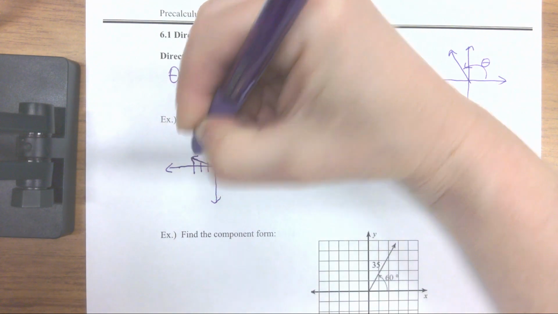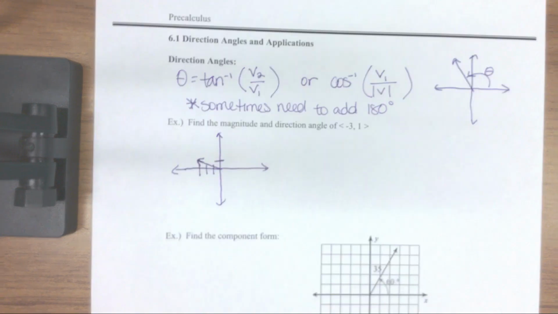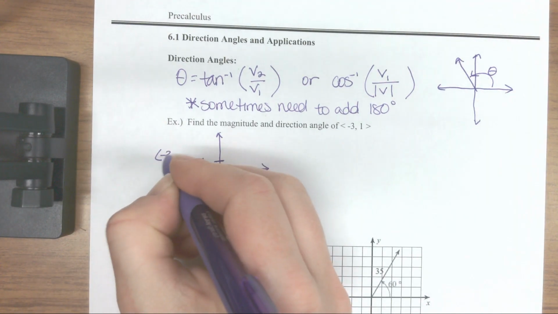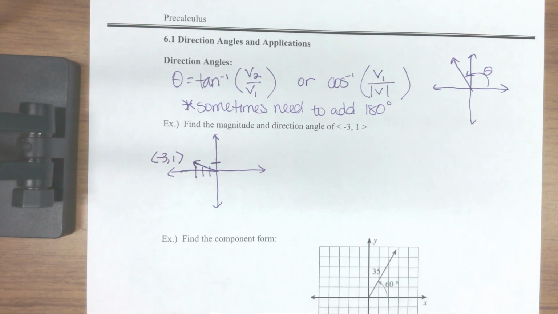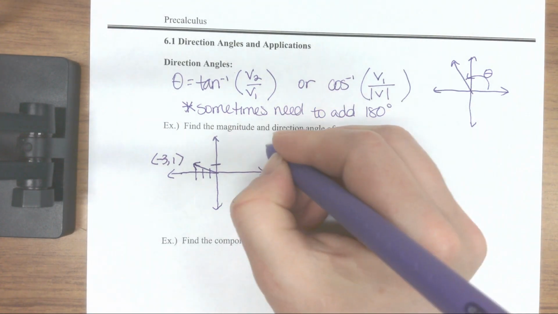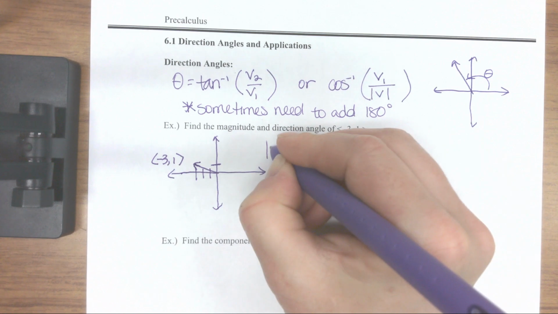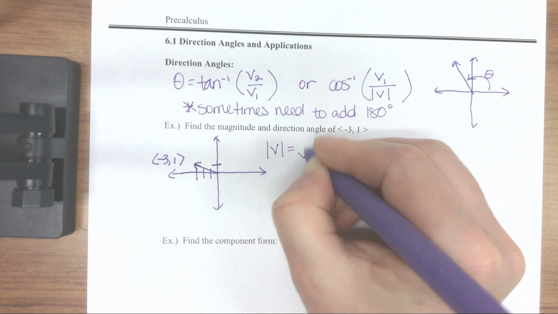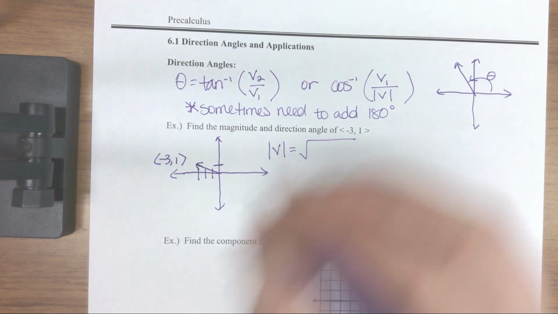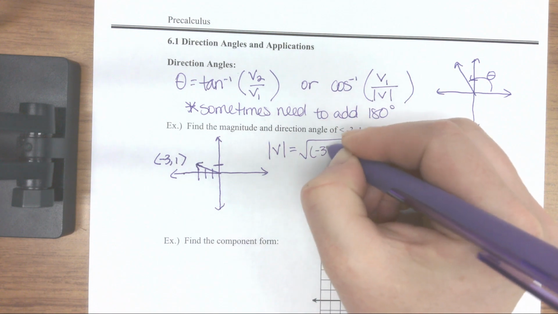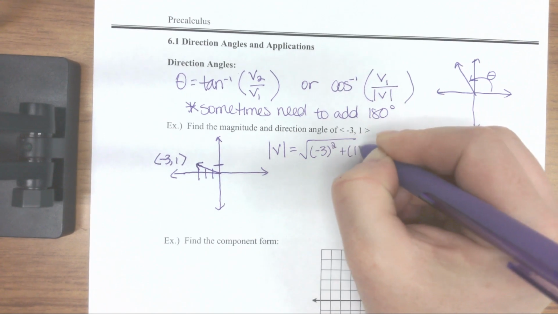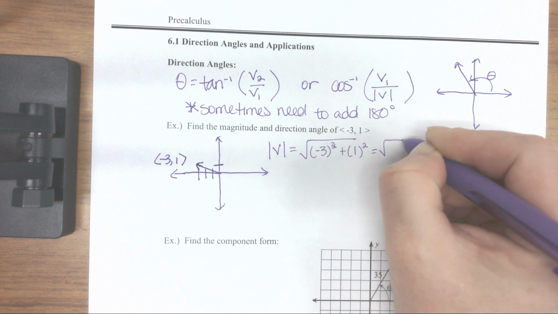So it starts at 0, 0, ends at -3, 1. The magnitude of the vector, using Pythagorean theorem, is the square root of -3 squared plus 1 squared, so the square root of 10.